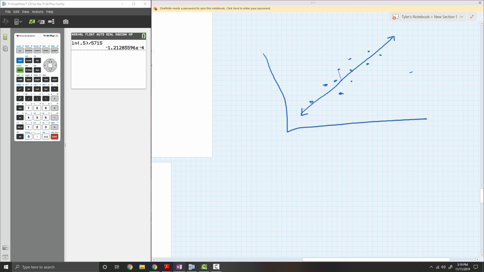If I draw a vertical line to the line, that's what measures that.